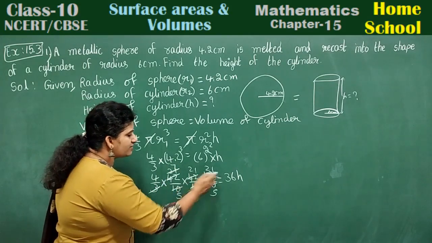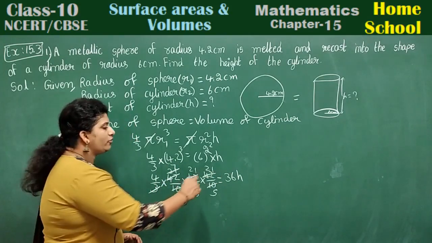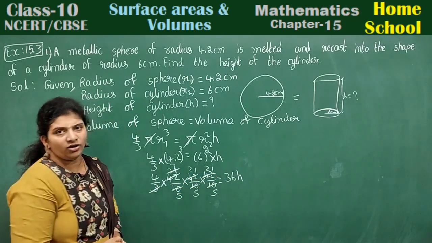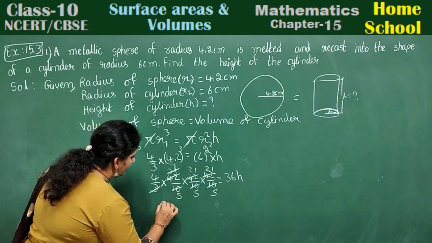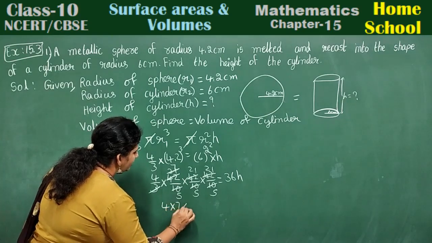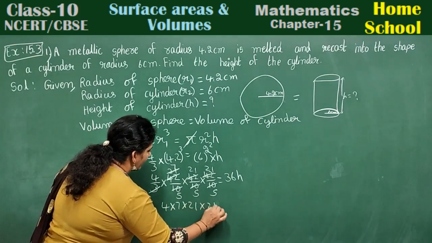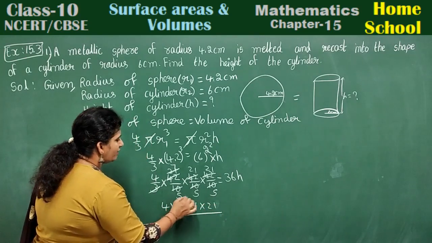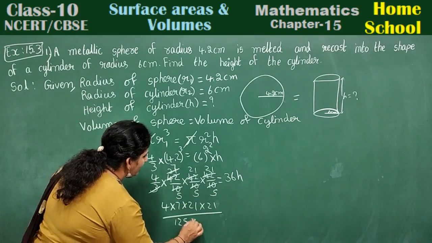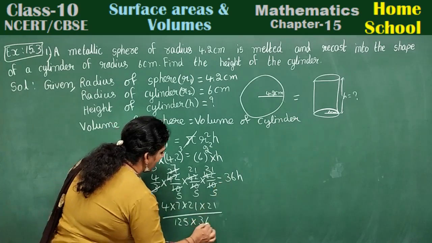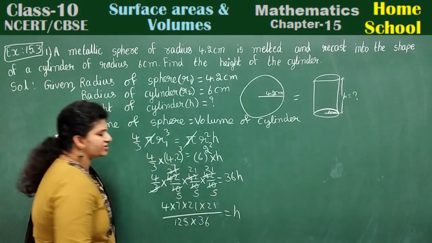You may cancel this side and that side, or you may bring that 36 to the denominator and cancel. Look here, children, what is left? I will write 4 into 7 into 21 into 21 by 5 5s are 25, 25 5s are 125, into this 36, bring it down, is equal to h.